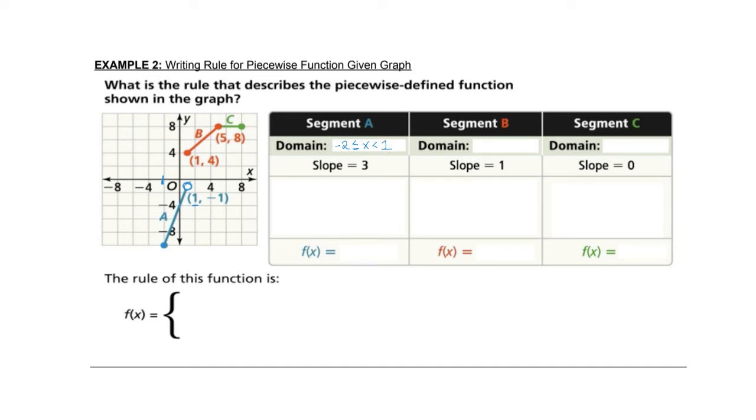So this interval is from -2 to +1, but not including +1. This is what our domain would look like. That's the interval. Let's move to the next one. The next one starts at 1, it includes it, and ends at 5. So 1 is less than or equal to x, which is less than or equal to 5.